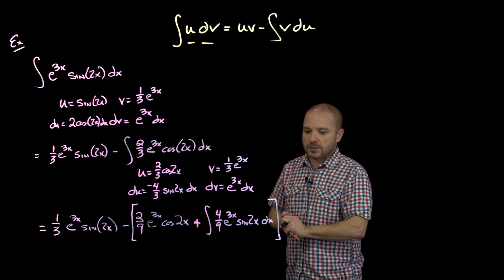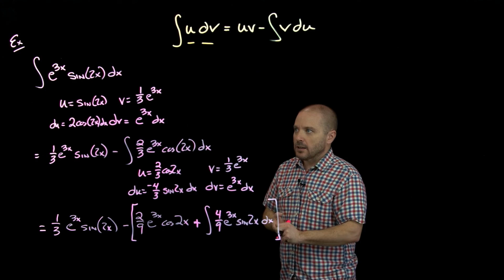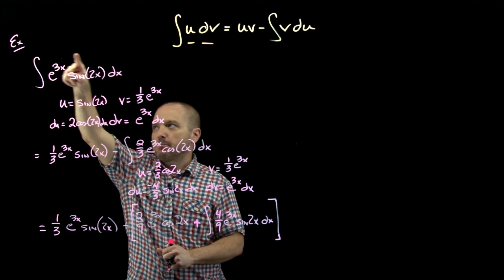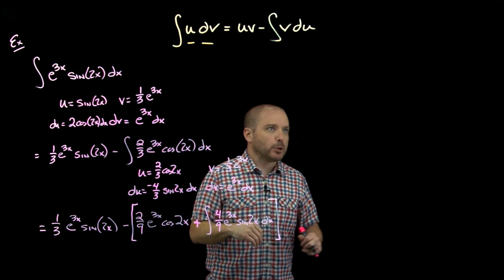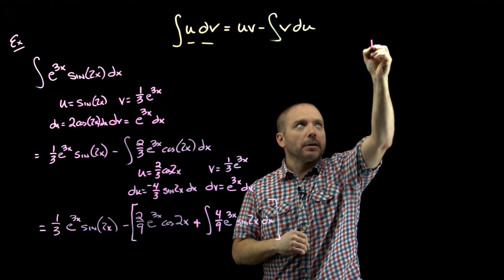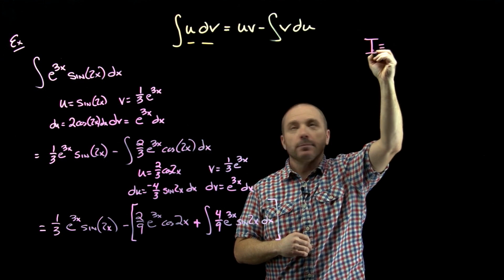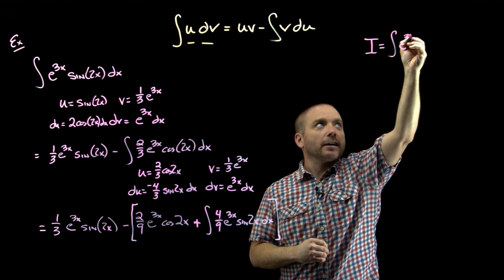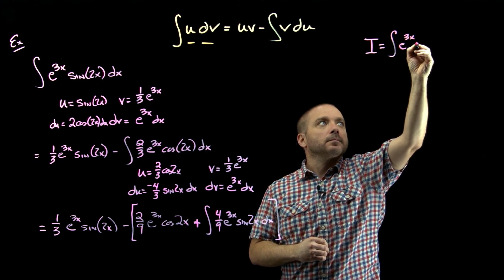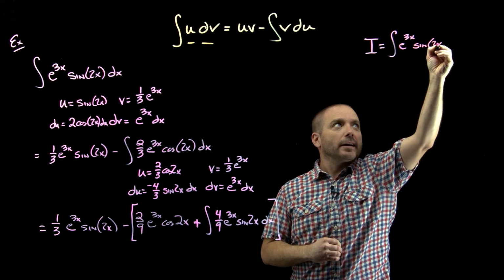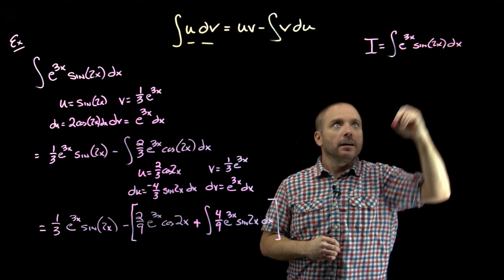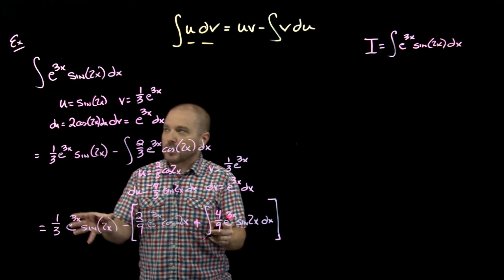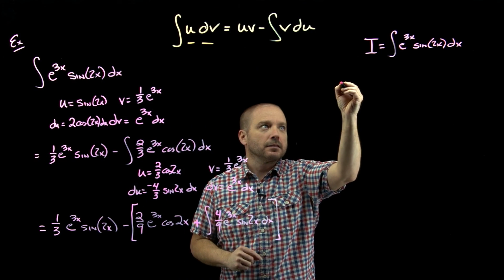So just as a shorthand, let's give this integral a name. I'll call it capital I. So I'm going to, just so I don't have to write it every time, I is the integral e to the 3x sine 2x dx.